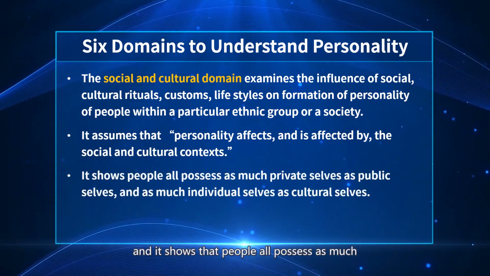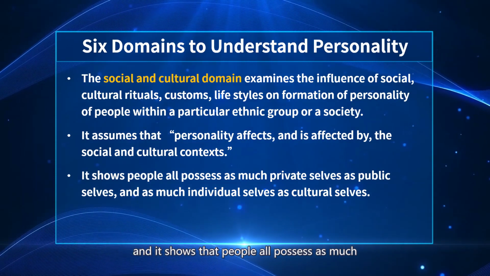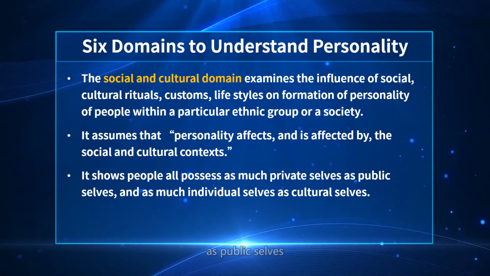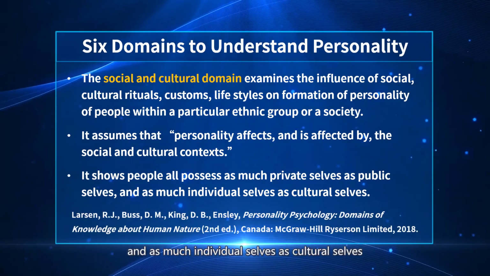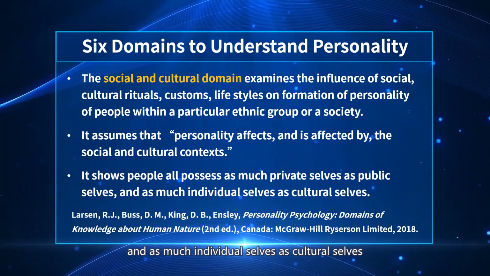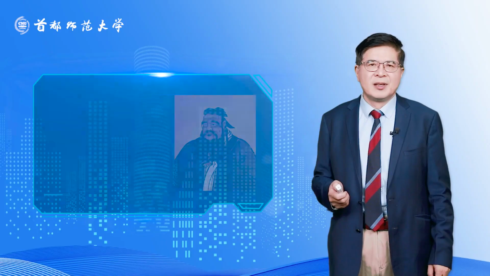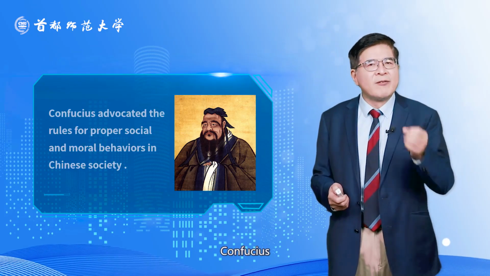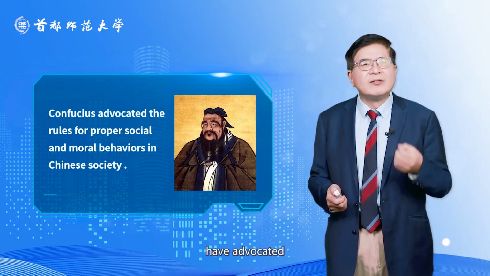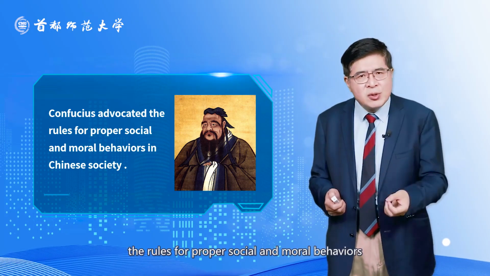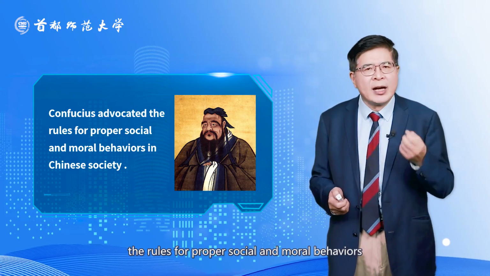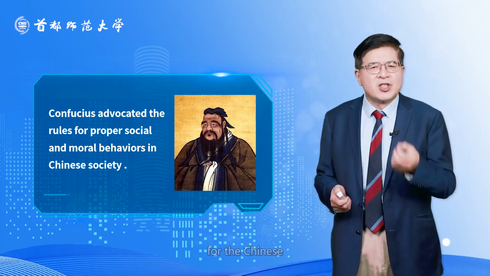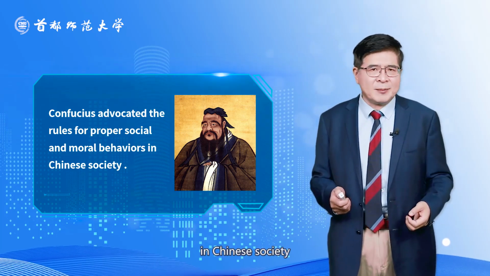And it shows that people possess as much private selves as public selves and as much individual selves as cultural selves. As an example, look at Confucius. Confucius advocated the rules for proper social and moral behaviors in Chinese society.